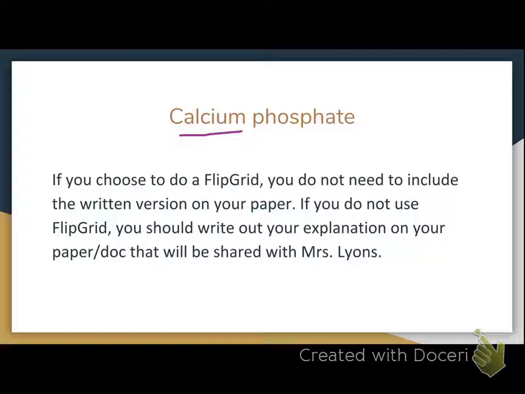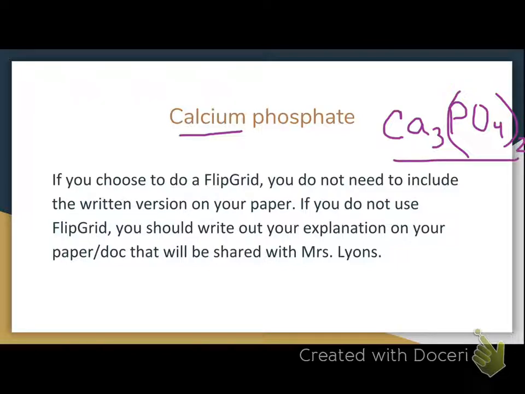So what we end up with is Ca3(PO4)2. When you do this, you either need to explain in words, writing it out or typing it out, or you can do it in a video format. I do want you to write out the formula on the sheet of paper that you are going to put into a Google Doc and share with me, okay?